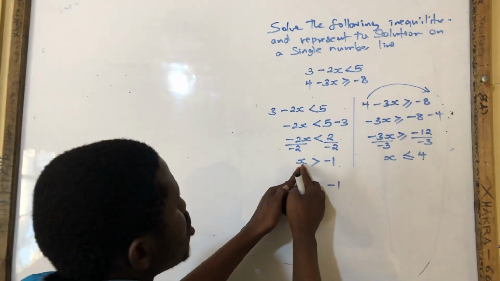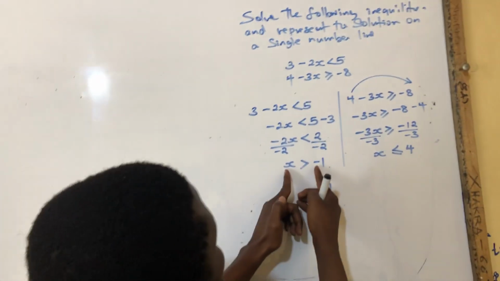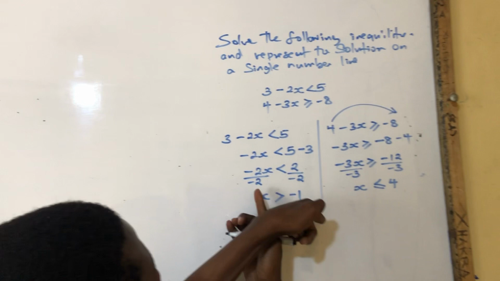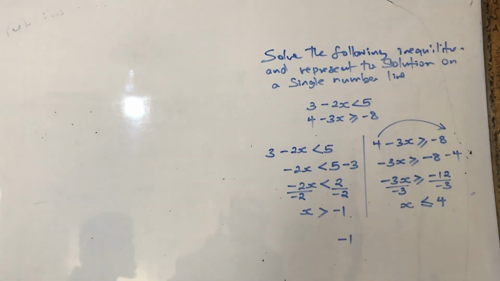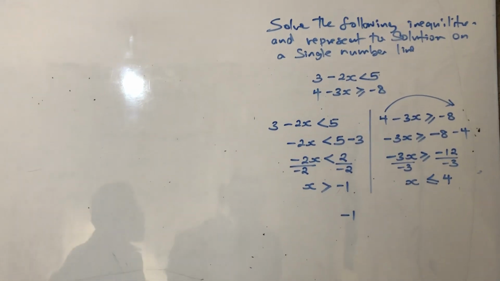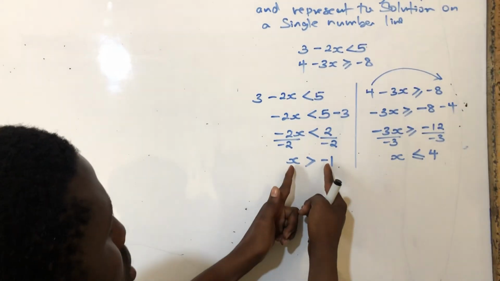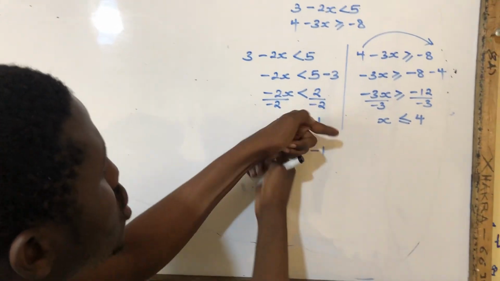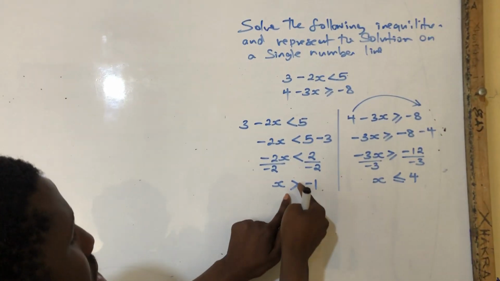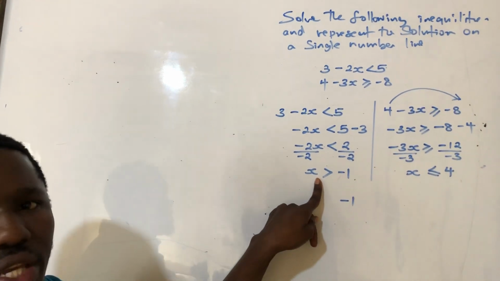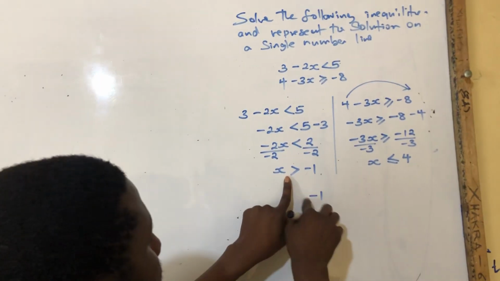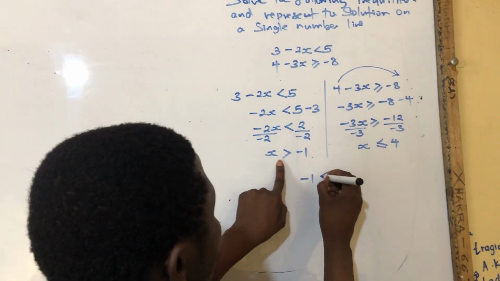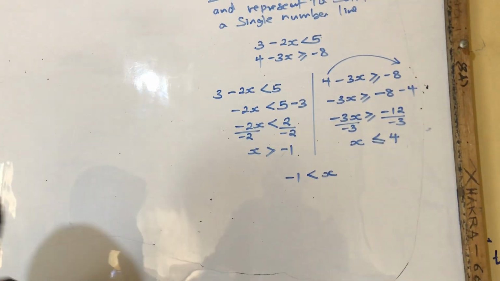Because we want the x to be shared, that will force us to interchange the two. But we mentioned in our rules that when the elements of an inequality are interchanged, the inequality symbol should change as well. So this will become negative 1 is less than x.